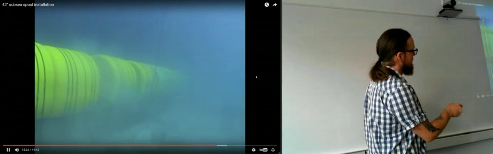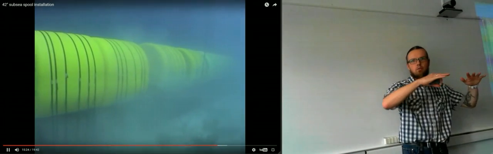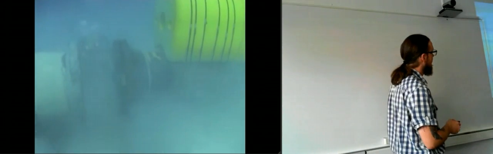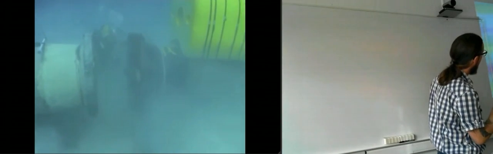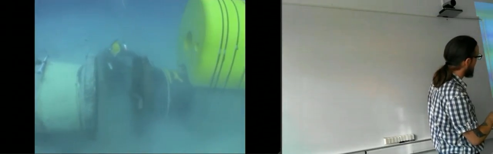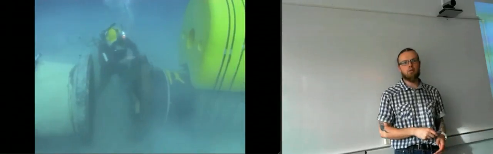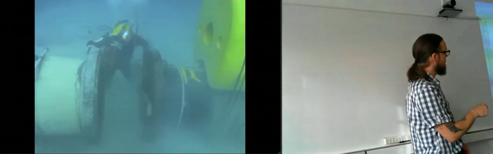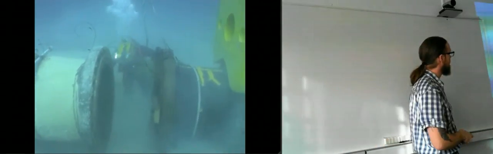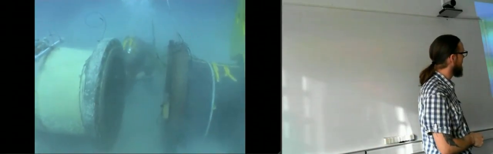There you see the buoyancy elements, which they use in order to make it neutral in the water, so that it's a lot easier to move it. And you just barely see the diver there. So here you see the problem with sediments, because now he's moving around down there, and he's really swirling up the sediments, so that you get this sort of thick fog, so it gets quite difficult to see what's going on here.